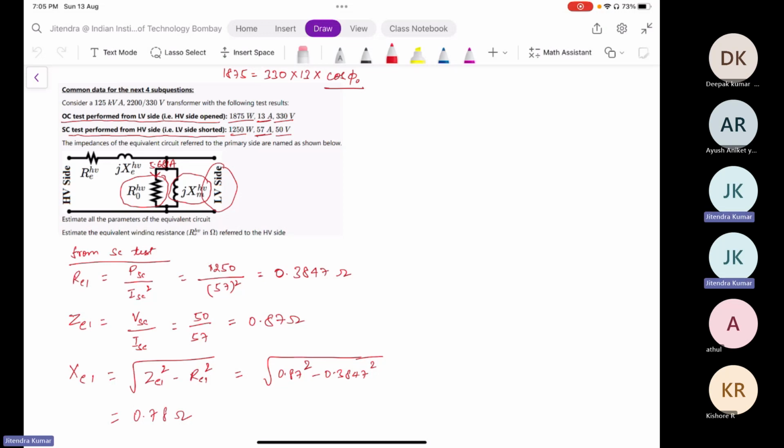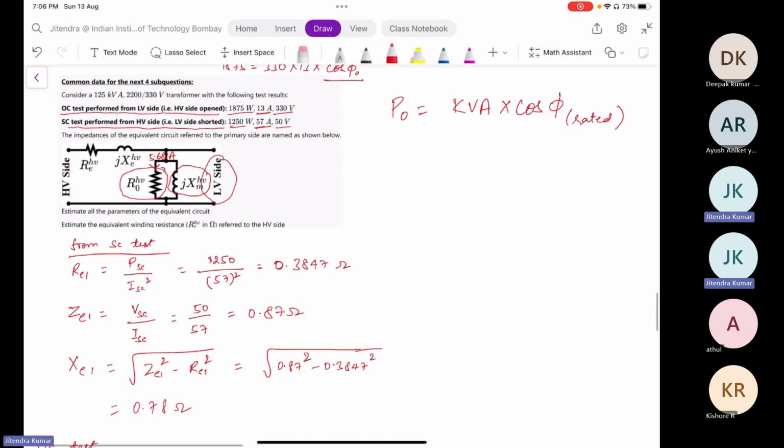Let me write it. Output power is equal to kVA into cos phi at rated. You can compute only at rated condition, right? Because for any other load you don't know the power factor. So only rated we can talk about it here.